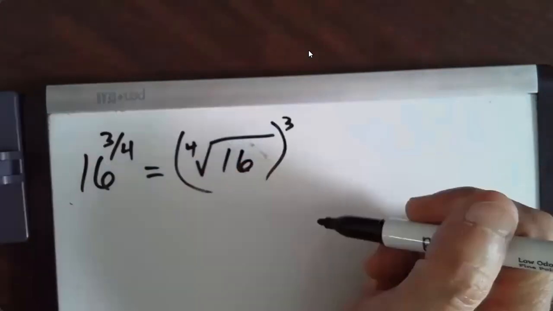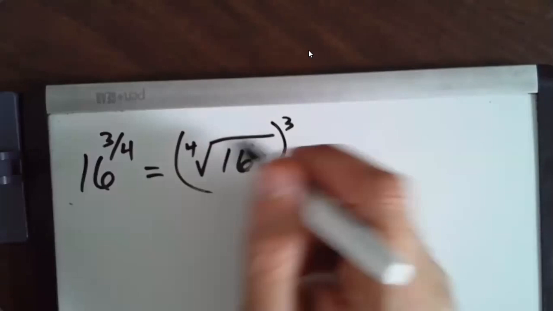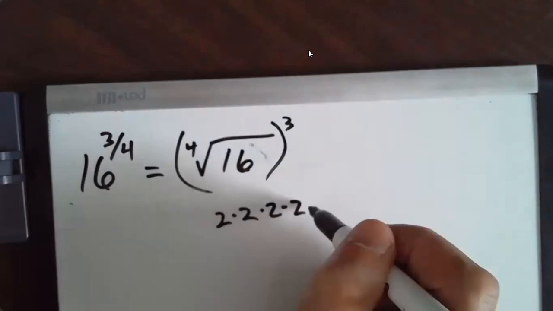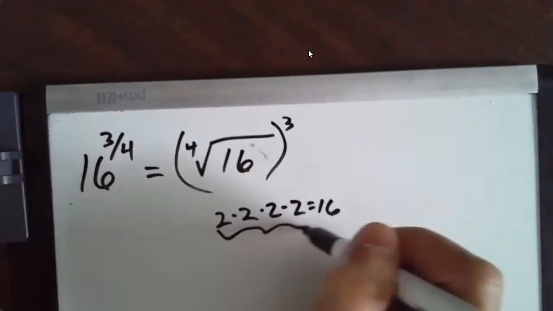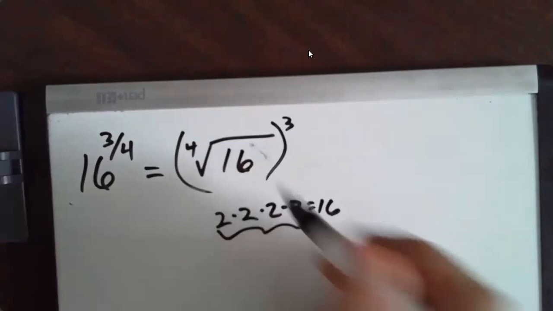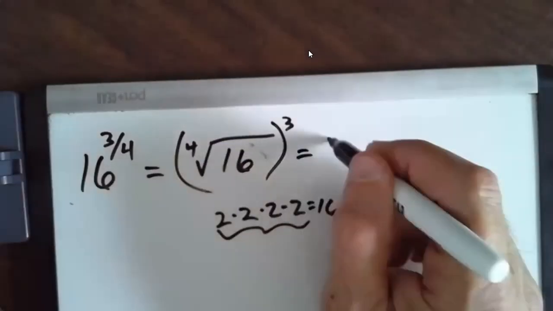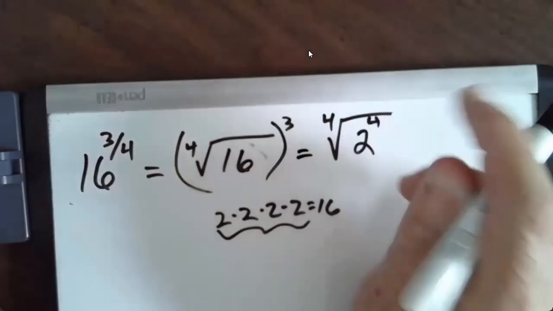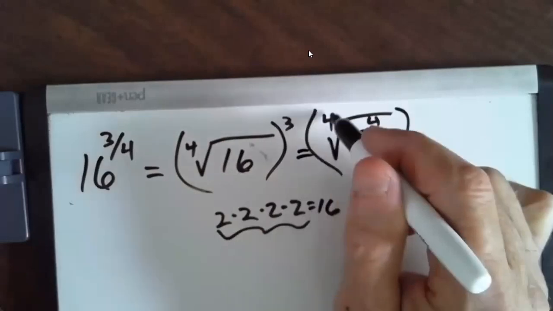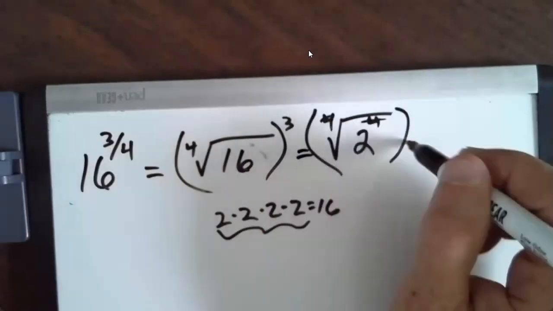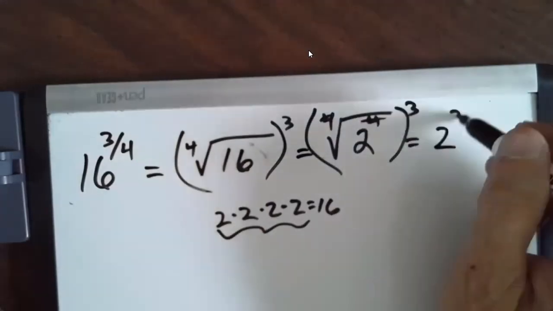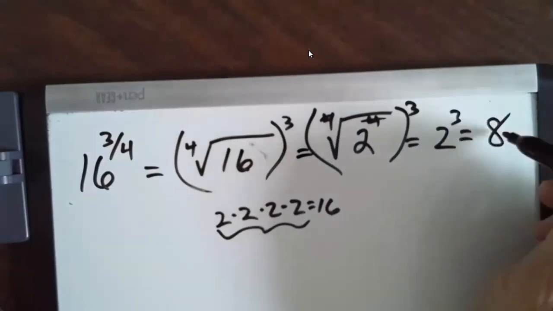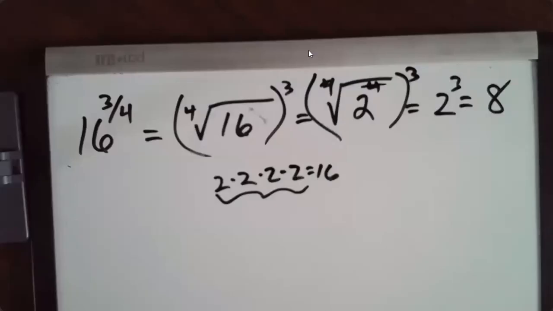Since 2 times 2 is 4, times 2 is 8, times 2 is 16, we can say 2 to the 4th power is 16. So the root and the power are inverses, they cancel out. We still have the 3rd, so that'll be 2 to the 3rd power, which we said before is 8. And so that's our answer. All right, any questions with that?